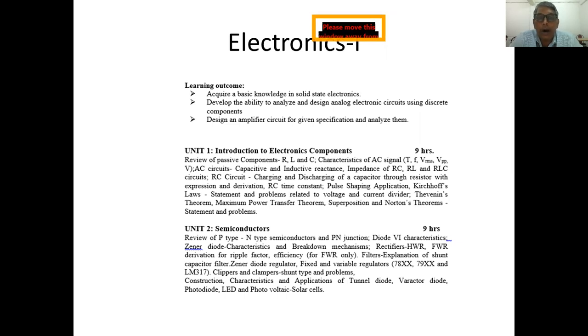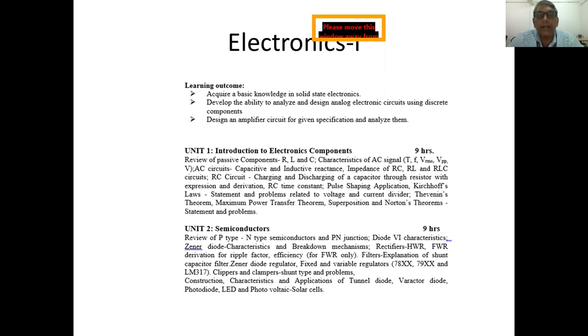The learning outcome of this Electronics 1 is that after completing it, you acquire basic knowledge in solid state electronics, meaning the application of electronics, how to identify the components, how to design electronic circuits, and everything about the components, their construction, characteristics, waveforms, and also their applications.